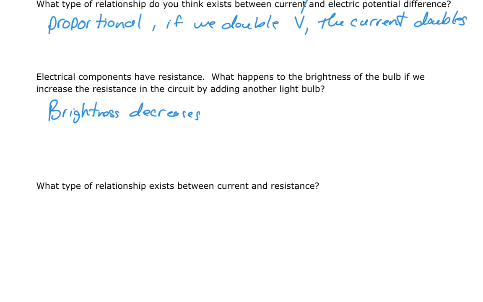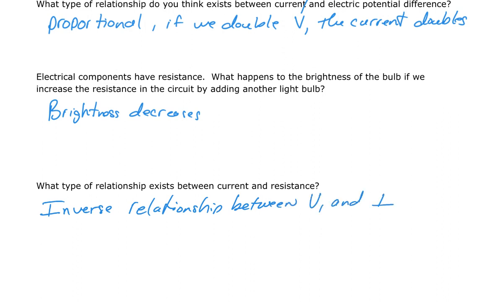So you could probably guess that if the resistance increases and the brightness decreases, and brightness is determined by current, there would be an inverse relationship between resistance and current.